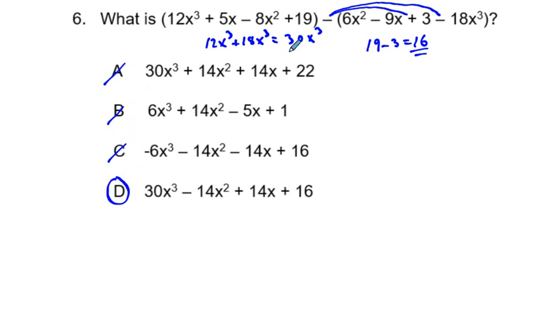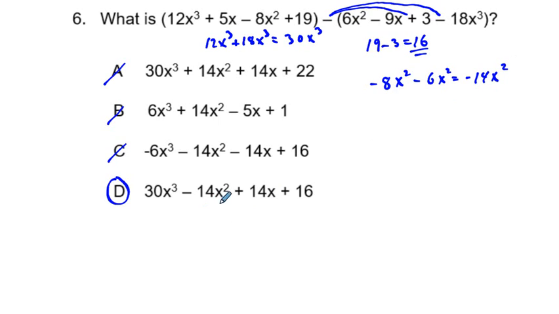And then if you work this out to the final conclusion, just to further confirm, we're going to have negative 8x squared, and we're going to subtract out 6x squared, which is going to give us negative 14x squared.